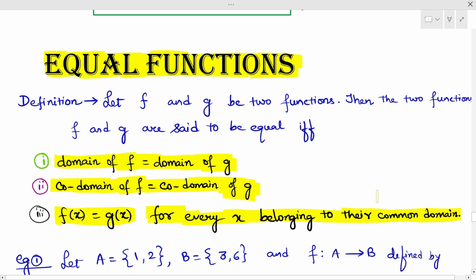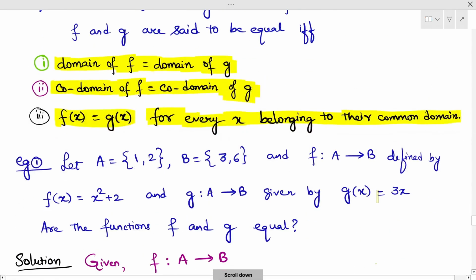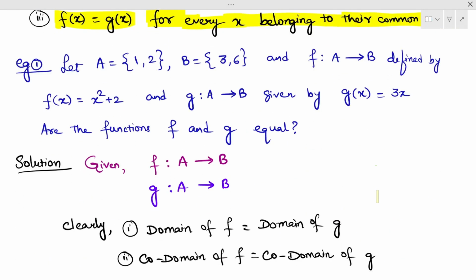Now let's understand what are equal functions through an example. Consider a set A which contains two elements, say 1 and 2, and consider another set B which contains two elements 3 and 6.